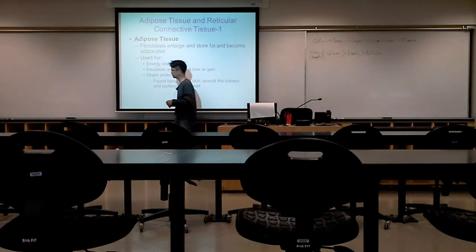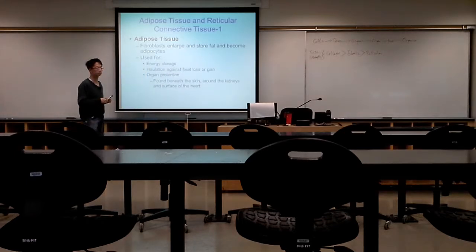Adipose tissue. Adipose tissue, as the name suggests, is made of fat cells. The cells in adipose tissue store fat. They have a special vacuole that can store fat, and the vacuole expands so much in the cell that it pushes the nucleus to the side of the cell, so that the nucleus is in contact with the cell membrane.